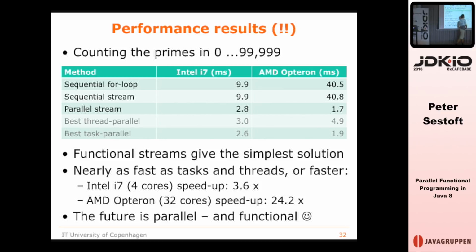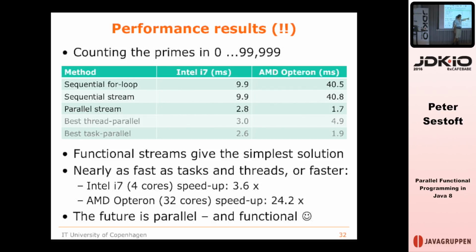The performance on the AMD server is even better. First of all, it's wonderful that this very expensive server is 4 times slower than the laptop for the sequential code. But you see there's, again, not much difference between the for loop and the functional code. The parallel functional code is 24 times faster, for free, almost.